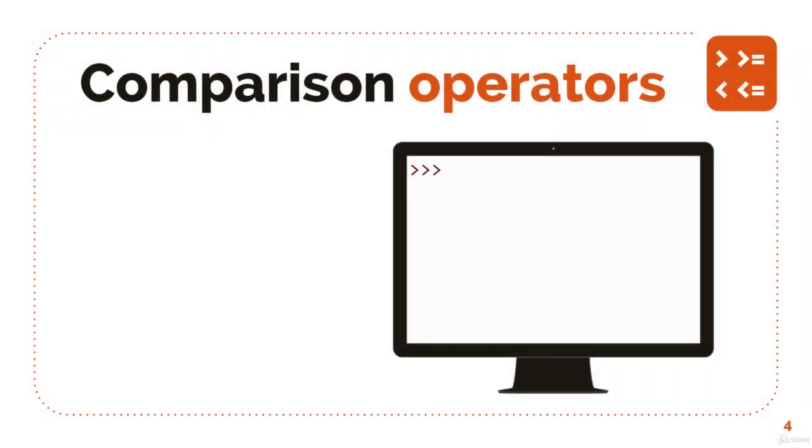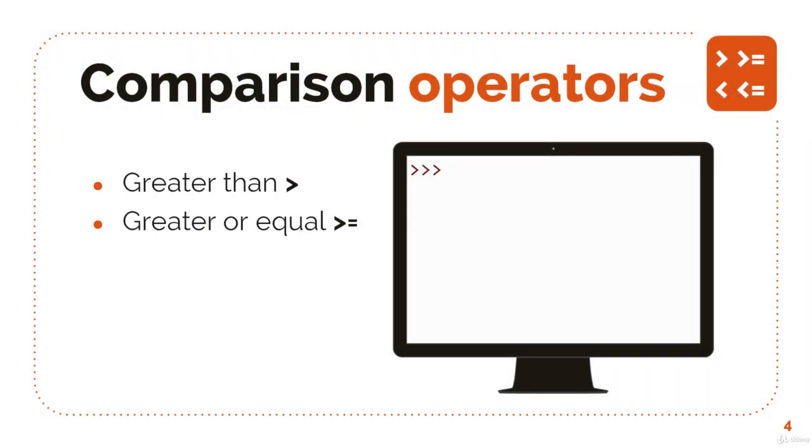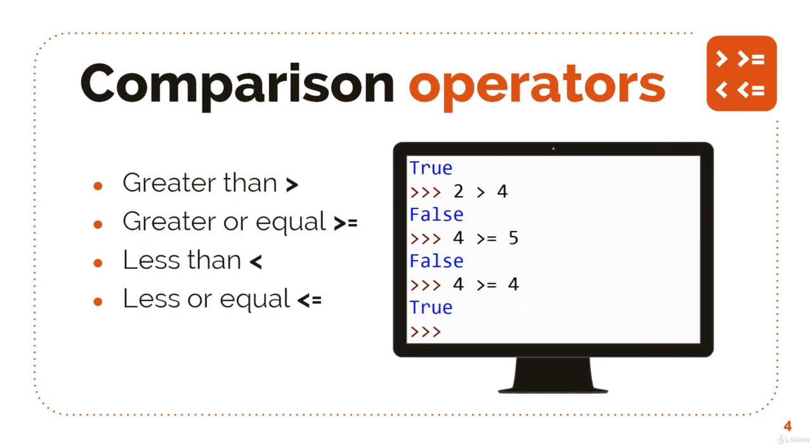There are 4 more comparison operators. The next 2 operators are greater than and greater than or equal to. They check if a value is greater than another value, and the other one checks if a value is greater than or equal to another value. The final 2 are the opposite of the last 2, the less than and less than or equal to.